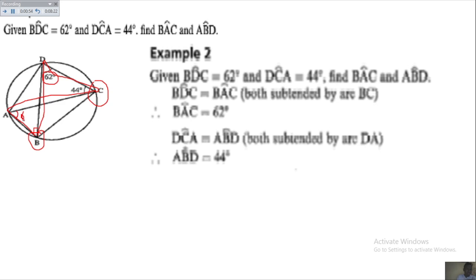Therefore, here you have this one as 62 degrees. Not only that, you are looking for what again? You are looking for ABD. You are looking for this angle. Therefore, I need to look at these two legs now. This is the leg.